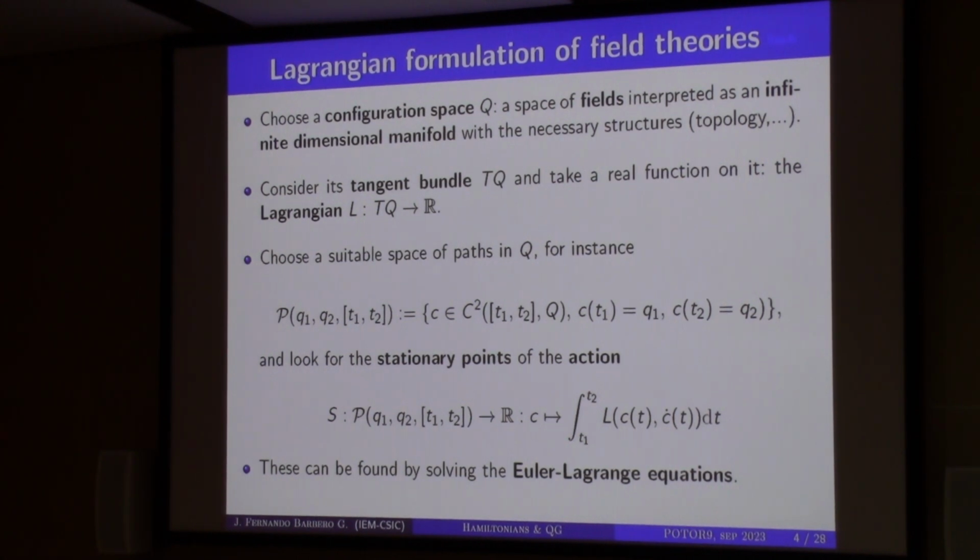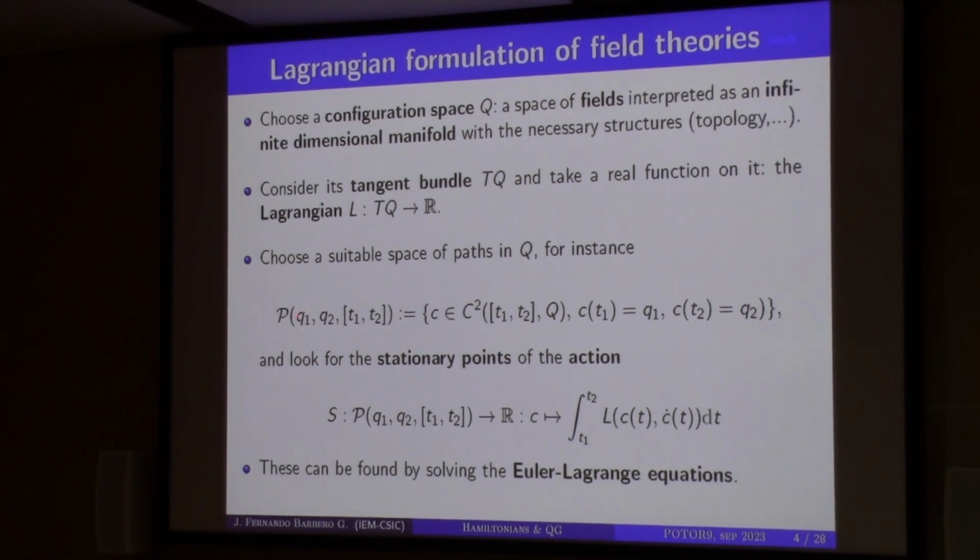Okay. Well, once you have chosen this configuration space, the traditional way to produce mechanics is you go to the tangent bundle, you define a real function on the tangent bundle that you call the Lagrangian. Now you have to introduce a suitable space of paths in order to write the action. For example, a standard choice is something like this.